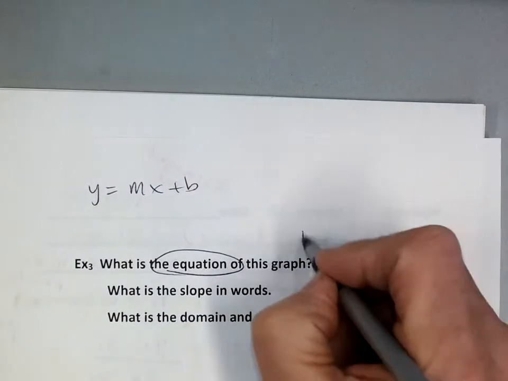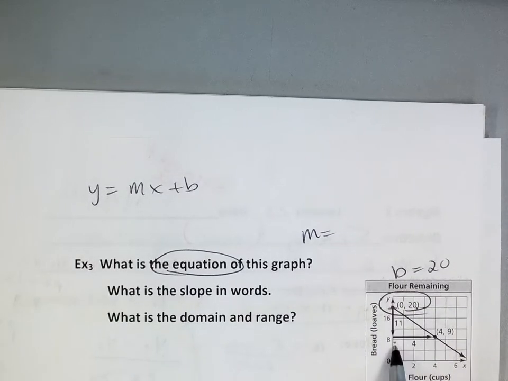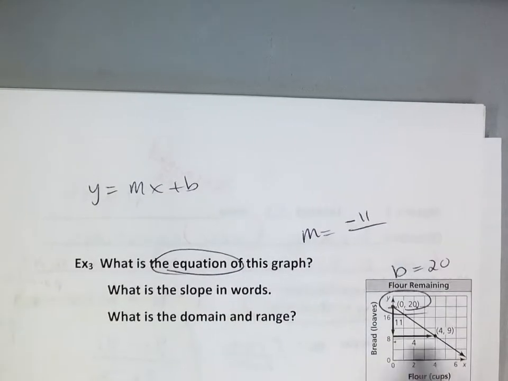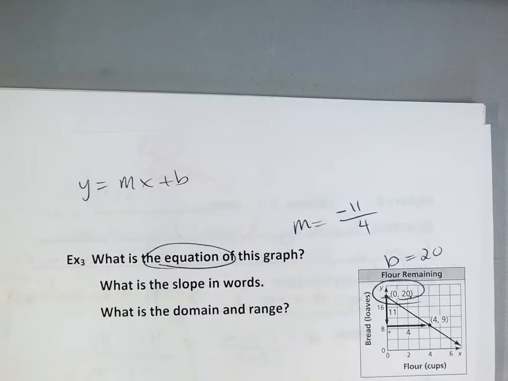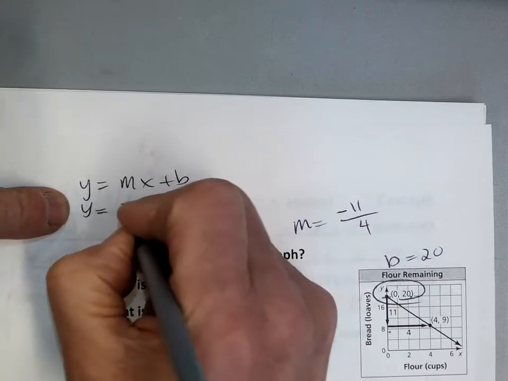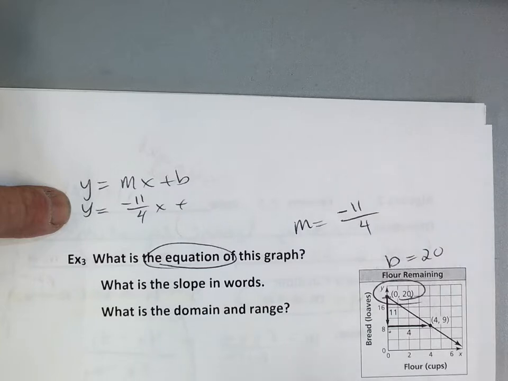And my slope looks like it's down 11 over 4. You guys see that, it's going down, so negative 11 over 4, okay? So my equation would be y equals negative 11 fourths x plus 20.